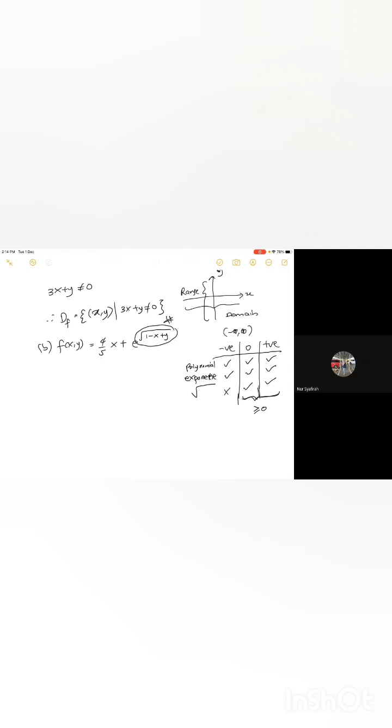Okay, meaning that whatever the argument in our square root, it must be greater than or equal to 0. So we have 1 minus x plus y greater than or equal to 0. So this is our domain. Okay, so to write in terms of domain, again, the domain of f is the value of (x,y) in which 1 minus x plus y must be greater than or equal to 0. That's it.